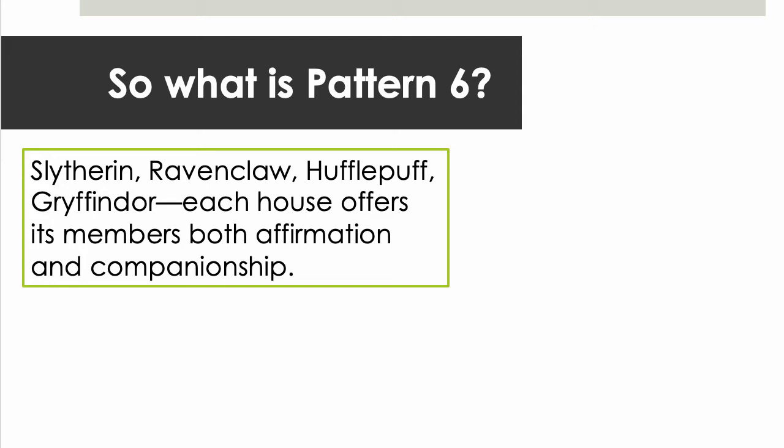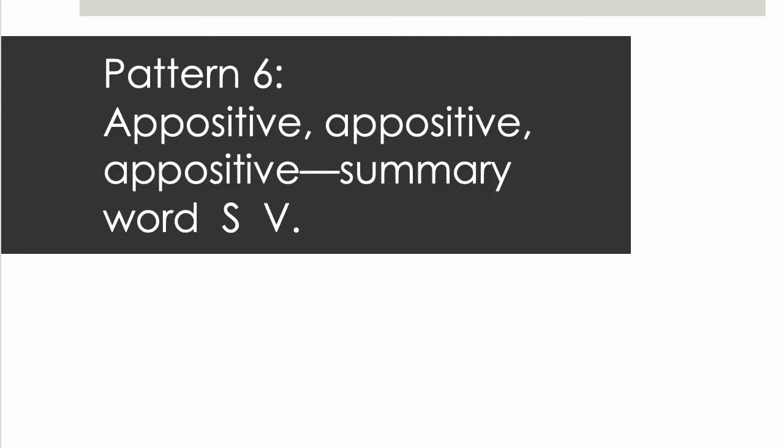But what is pattern 6? Slytherin, Ravenclaw, Hufflepuff, Gryffindor, each house offers its members both affirmation and companionship. Pattern 6 looks like this: appositive, appositive, appositive, summary word, subject, and verb.